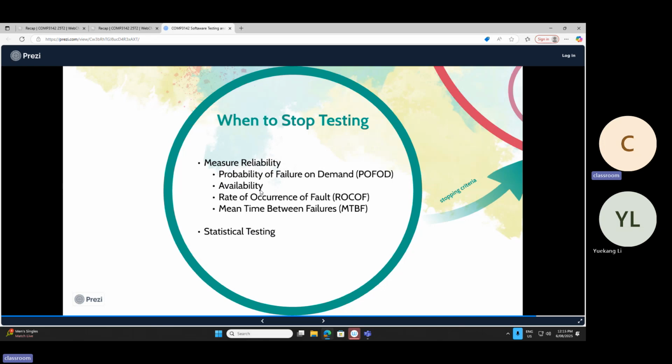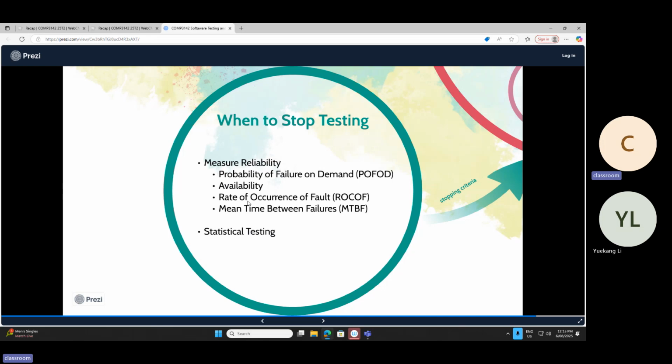And we can also use the rate of occurrence of faults, which is basically counting the frequency of errors during this observed period, right? And we can also calculate mean time between failures, which is the average amount of time we run the program before we encounter a failure.